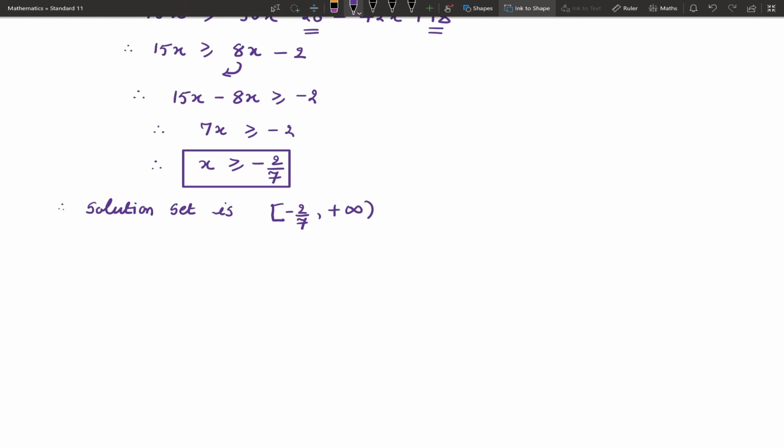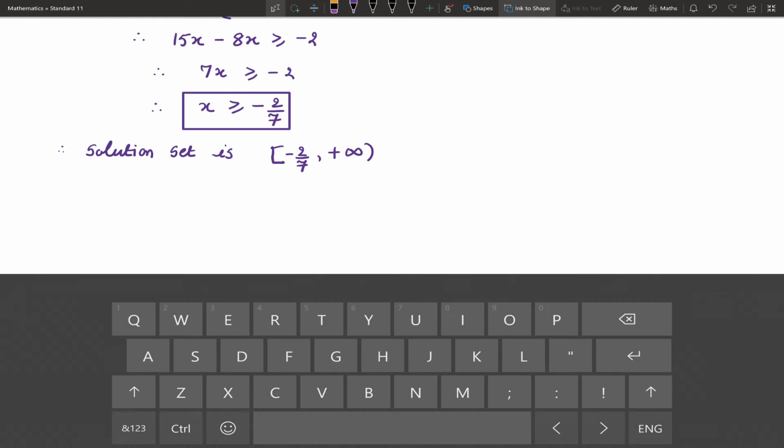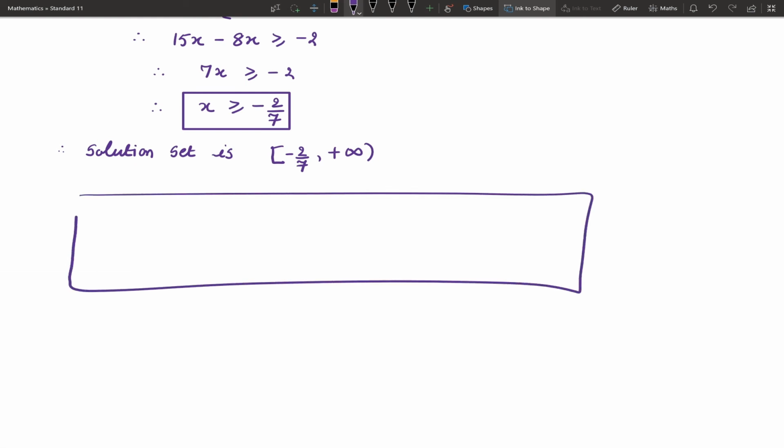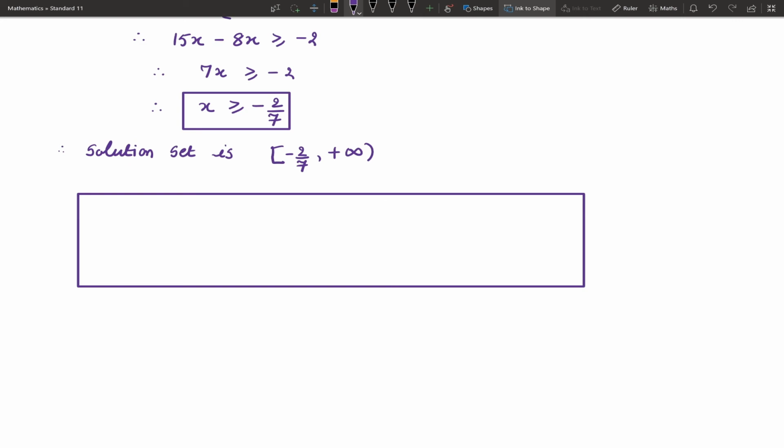Now we denote it on the number line. So let us denote this solution on the number line. We have to include minus 2 by 7. So this is minus 2 by 7. At minus 2 by 7 we have to draw a dark circle.